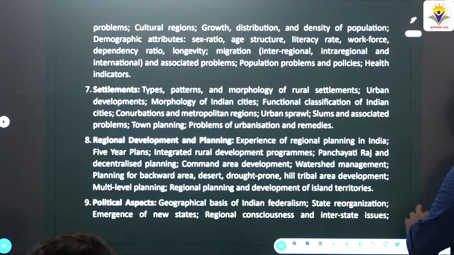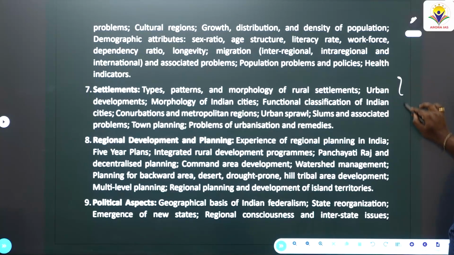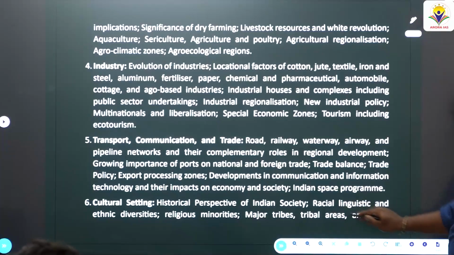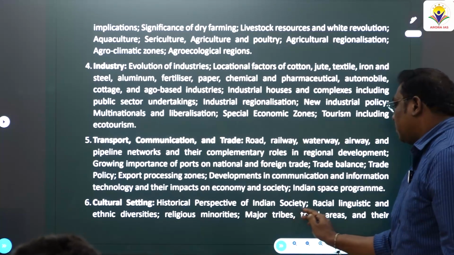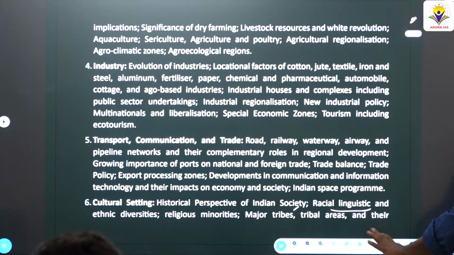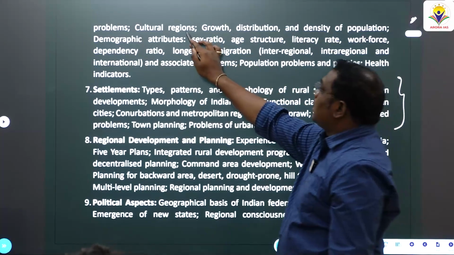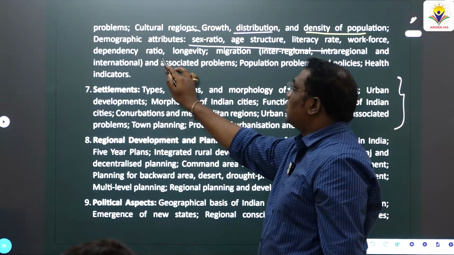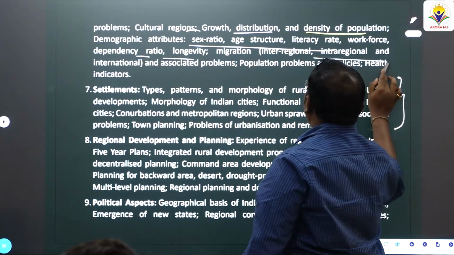In paper 2, we have settlements and cultural setting. In the cultural setting: historical perspective of Indian society, racial, linguistic and ethnic diversities, religious minorities, tribes, all these cultural regions, growth, distribution of the population, sex ratio, age structure, longevity, dependency ratio, migration.